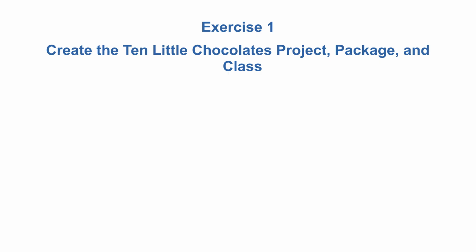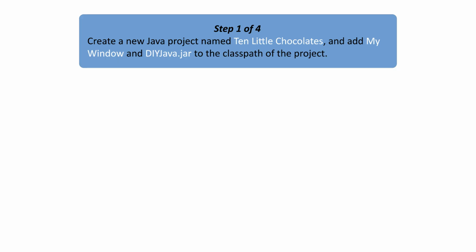Exercise 1. Create the 10 Little Chocolates project, package, and class. Pause the video if you need more time in any of these exercises. If you want to see how I would complete any of the listings, please refer to the completed listings at the end of this video. First, create a new Java project named 10 Little Chocolates and add MyWindow and DIYjava.jar to the class path of the project.